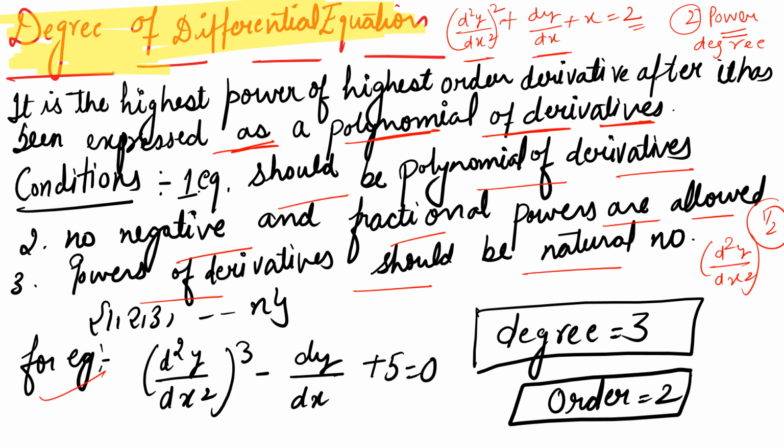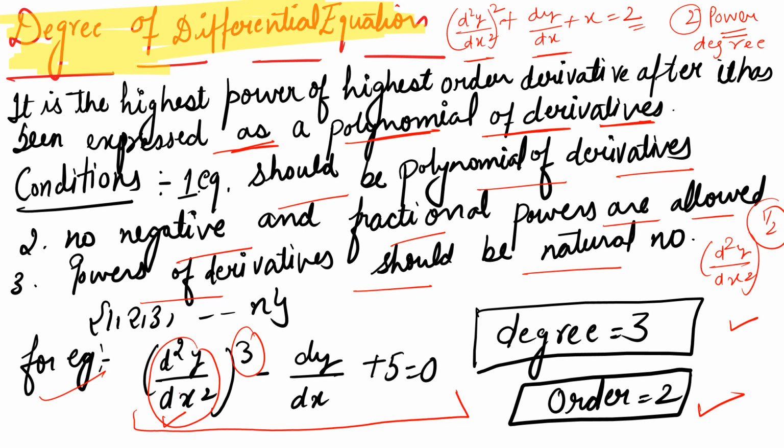For example, (d square y upon dx square) whole cube minus dy upon dx plus 5 equal to 0. Here the degree is 3 and the order is 2. The highest order derivative is the second derivative, so the order is 2 and the degree is 3. And it is already expressed as a polynomial of derivatives. There are no negative or fractional powers. These are natural numbers.